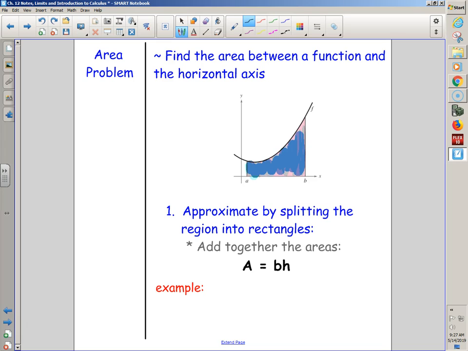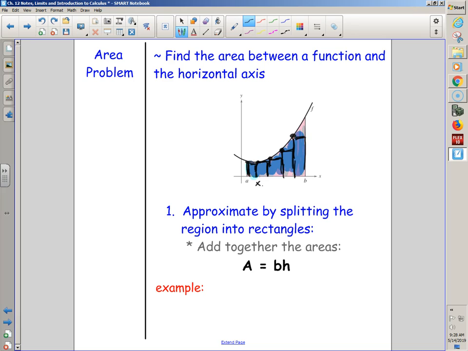Okay, our goal is to split this region up into rectangles and add together all the areas. Even though I am going to show some rectangles, I'm just trying to get an idea down so you know in general what we're doing. Every single rectangle is going to be bounded somehow by the curve. So every single rectangle is going to go up and hit the curve at some sort of x.